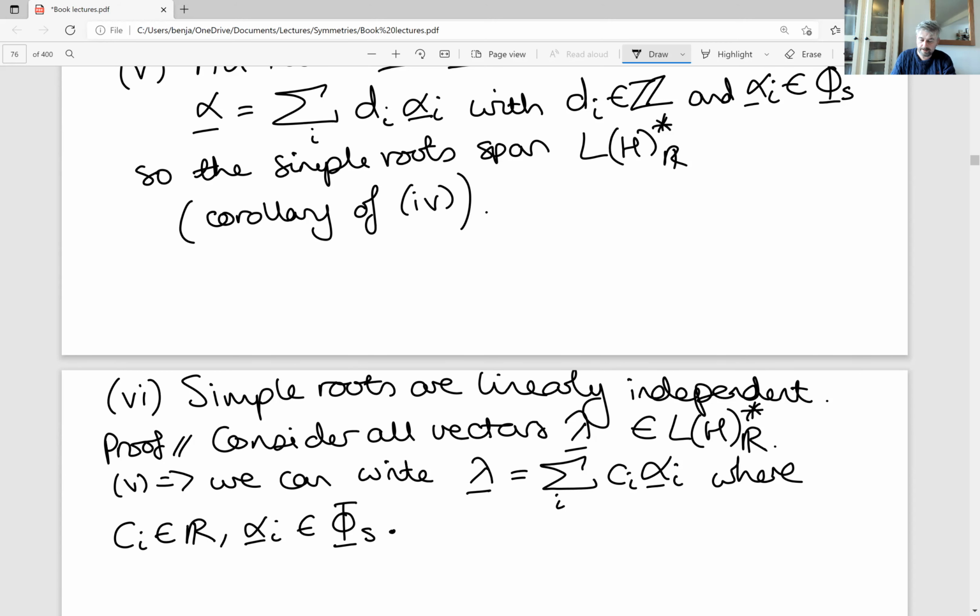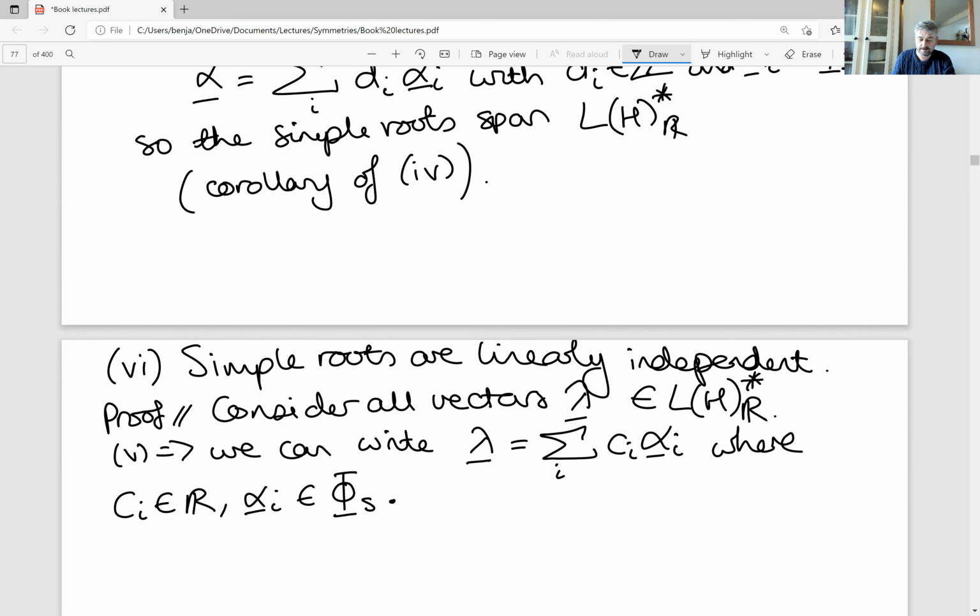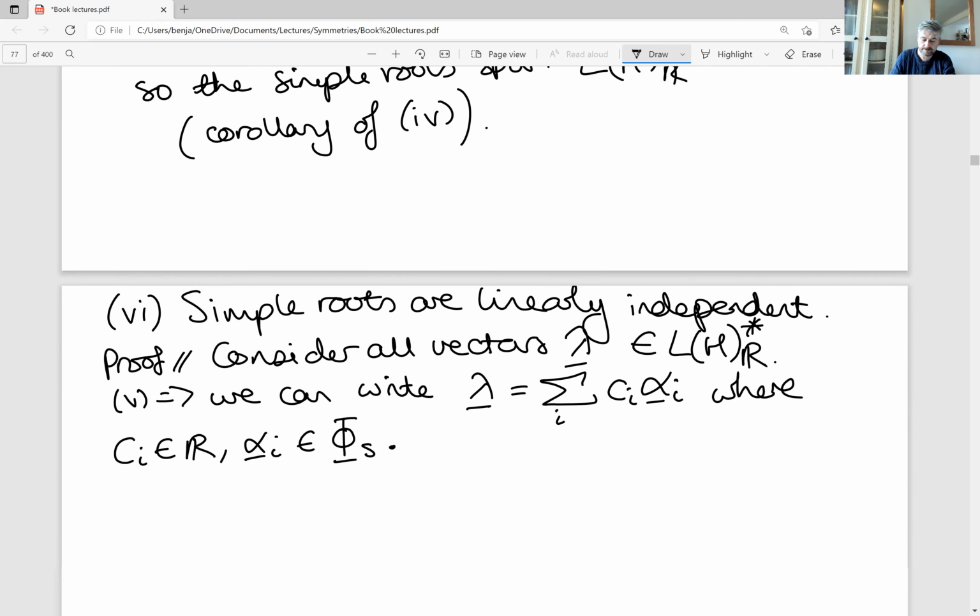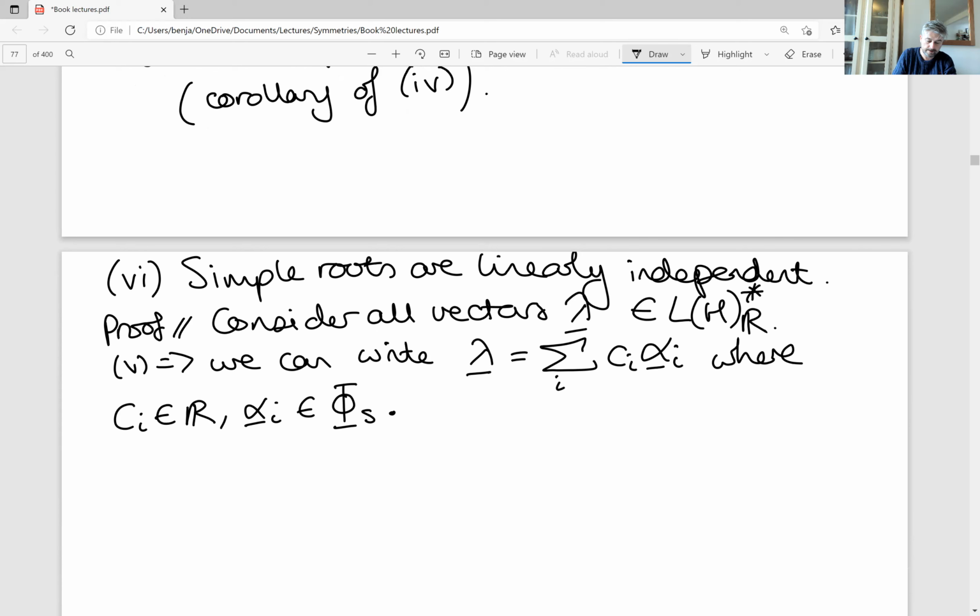And I'm going to make it clear that there's a difference between simple roots and simple Lie algebras, but we're going to restrict to the case of simple Lie algebras, okay?